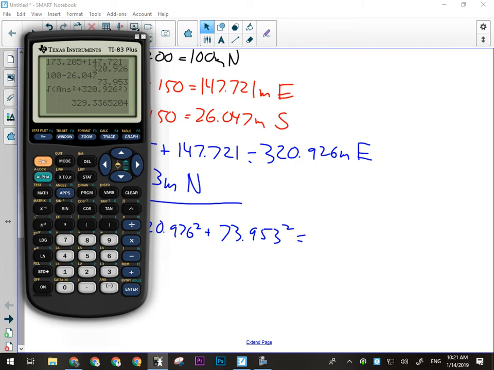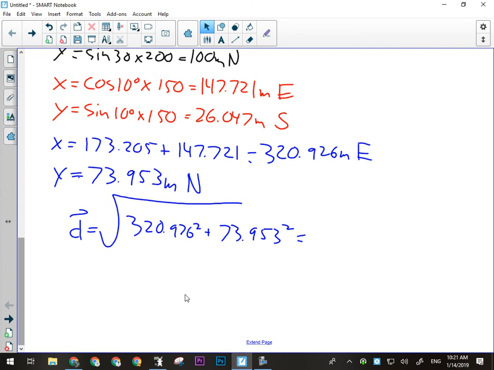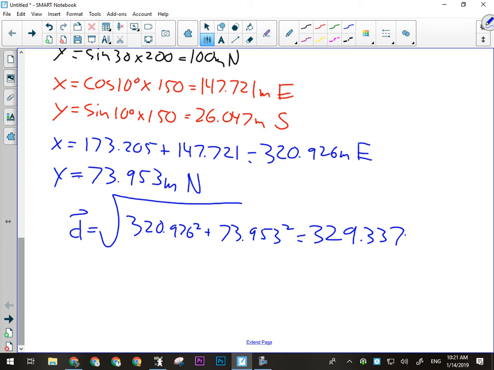So 329.337 meters is my total displacement, from start to end.